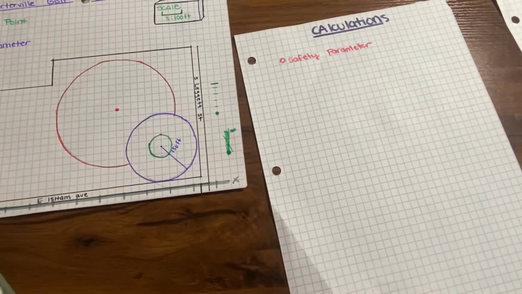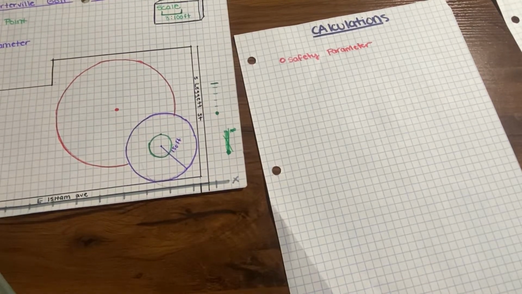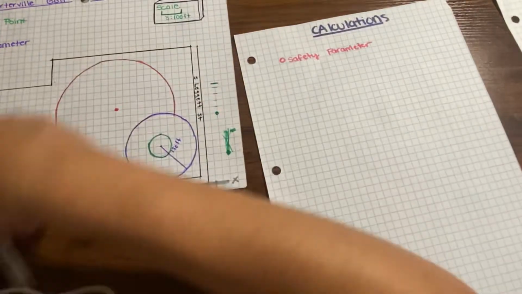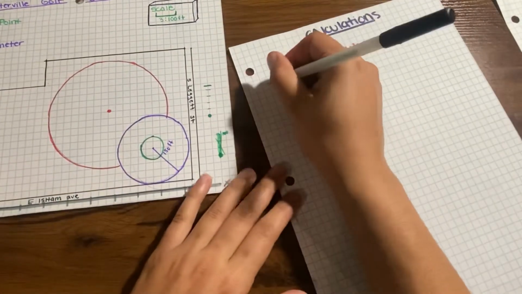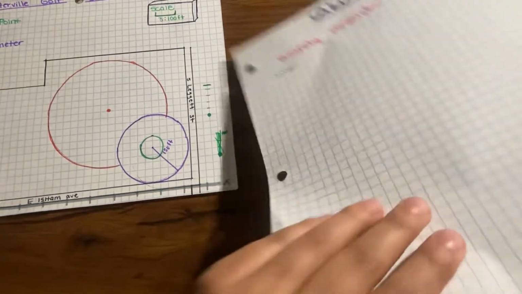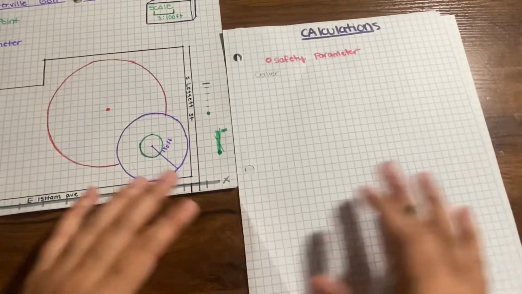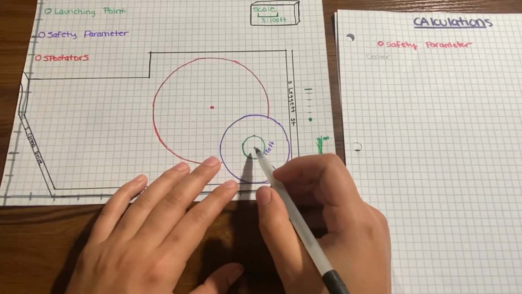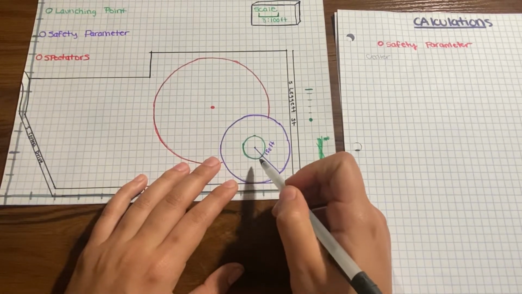So, safety parameter. Okay, we're going to find the equation of our circle. So recap, we need 2 things. The first one is center. We need to find the center. Okay, so I'm going to put it right here, center. The center of my purple circle is also the center of the green one because they're overlapping, okay?